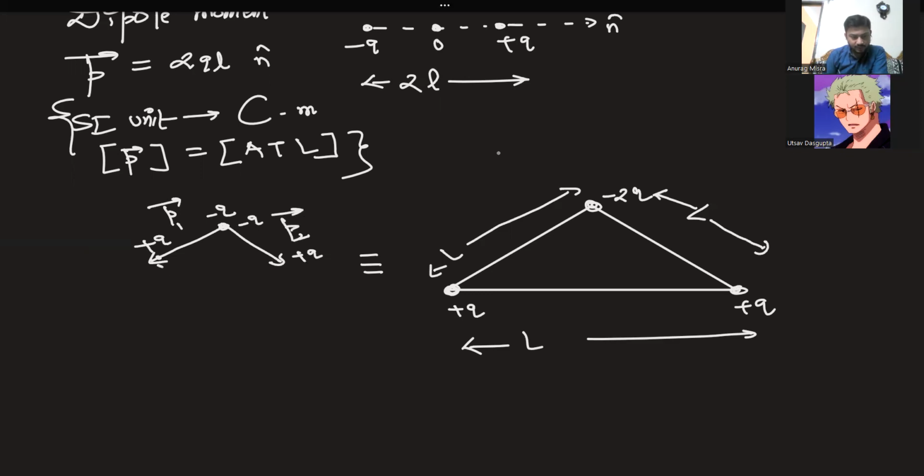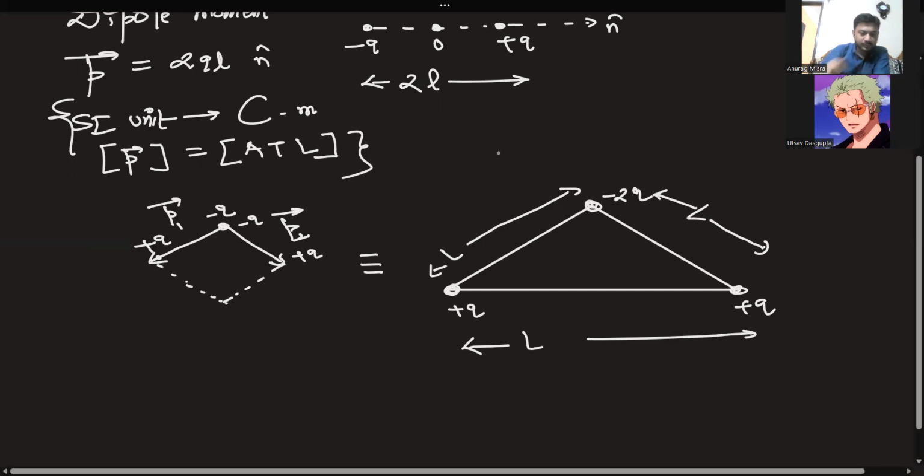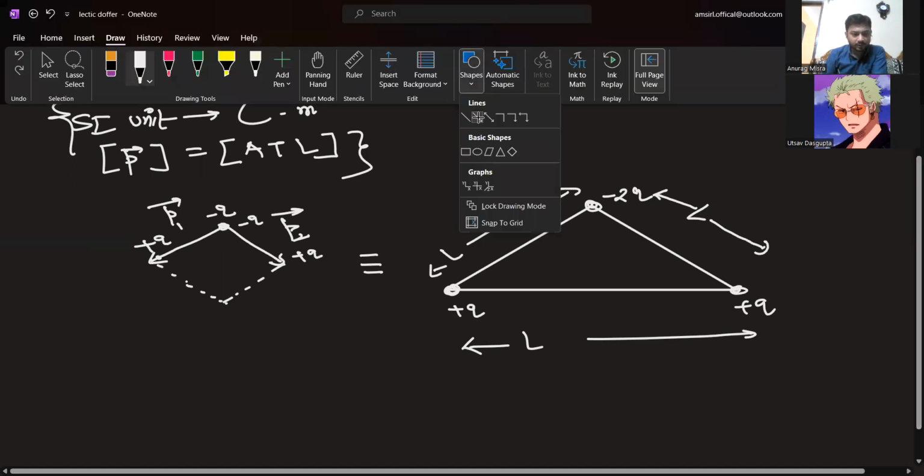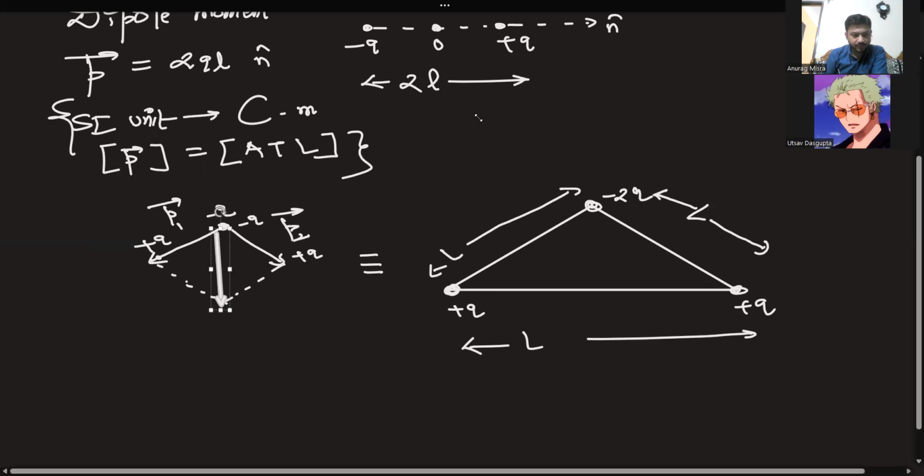The resultant dipole moment will be the vector sum of both these dipole moments. If we find the vector sum using the parallelogram law, we get the resultant dipole moment, which is P.